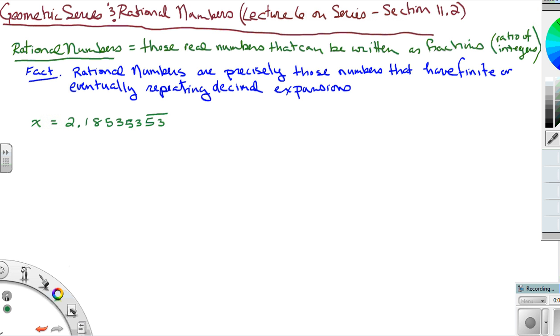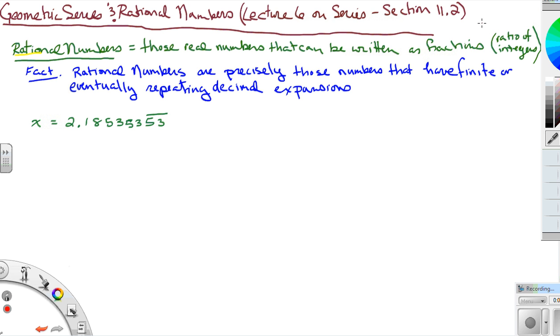So let's just review what a rational number is and what they look like. A rational number. Think ratio when you think rational number. What are ratios? Well, ratios are quotients. Rational numbers are exactly those real numbers that can be written as fractions.